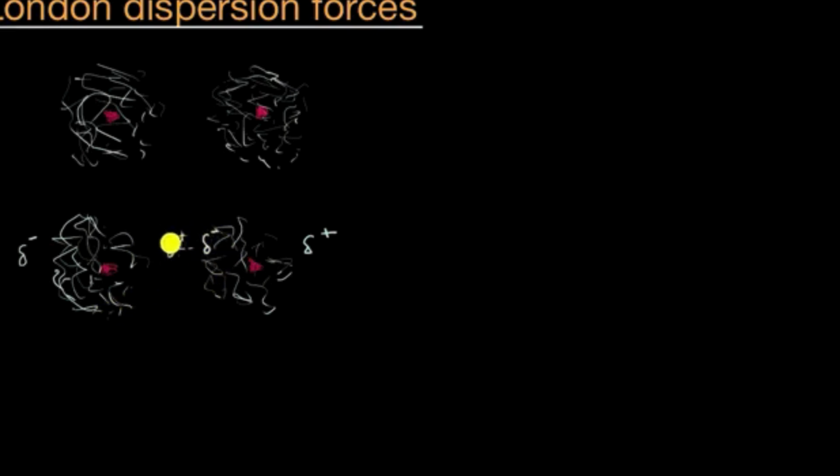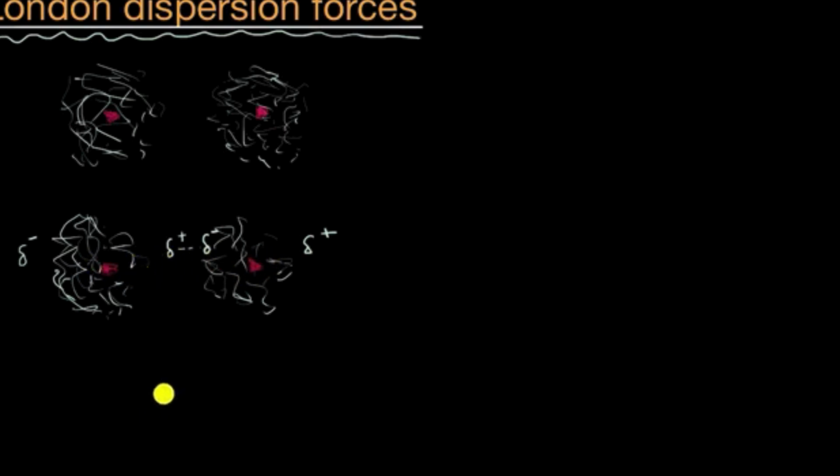And this attraction that happens due to induced dipoles is exactly what London dispersion forces is all about. You can actually call London dispersion forces induced dipole forces. They become attracted to each other because of what could start out as a temporary imbalance of electrons, but then it induces a dipole in the other atom or the other molecule, and then they get attracted.